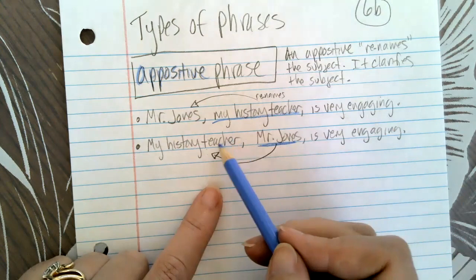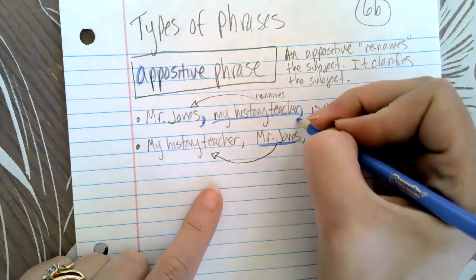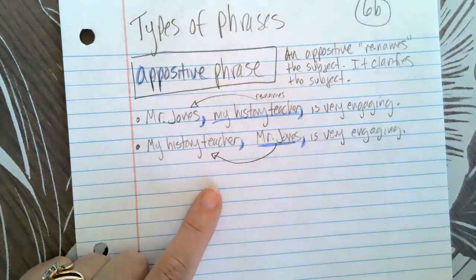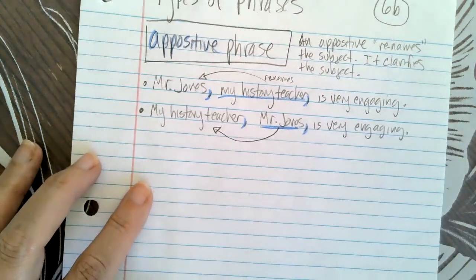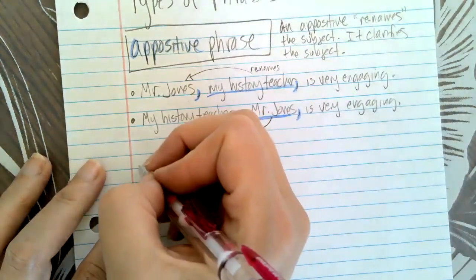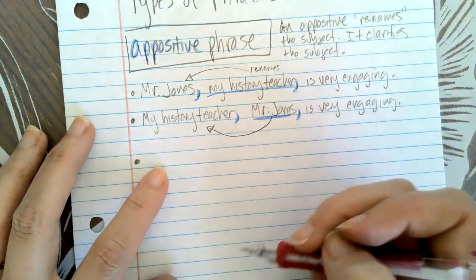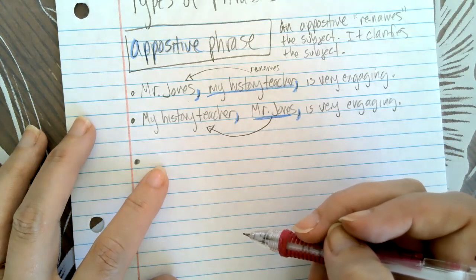All right, there's something else to note. Note the commas. Okay, appositives are set off with commas. Appositive phrases are set off with commas. It's one of our comma rules. And for the next example, I'm going to write a sentence that's a simple sentence, and then I'm going to show you how inserting an appositive makes it a little bit more interesting, because that's really what phrases do for us.